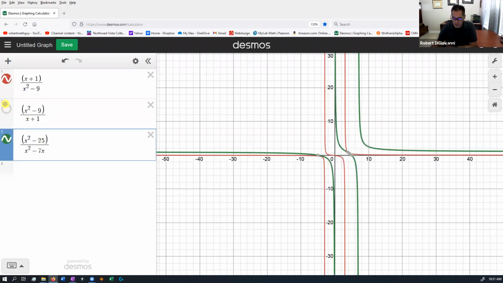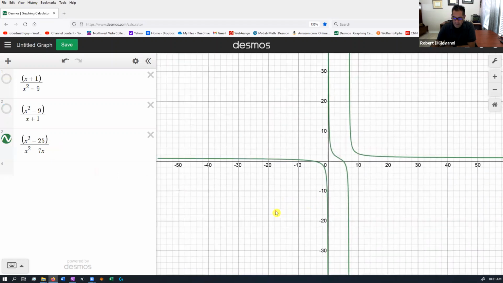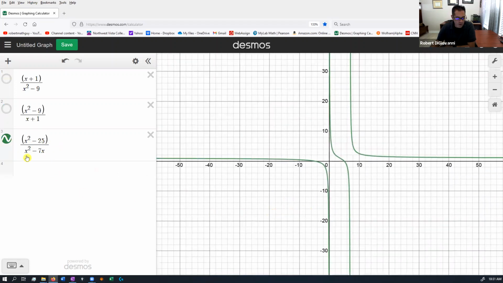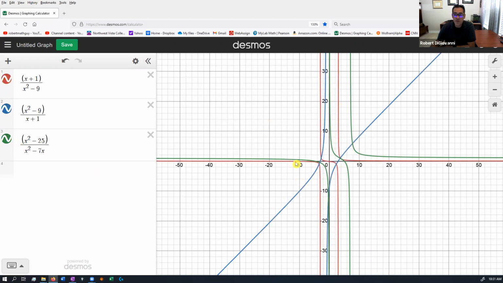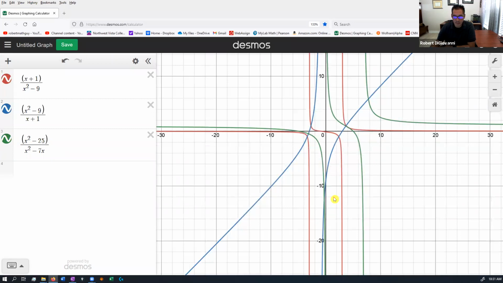Let me hide the other ones. So that green one is this one. So we have some work ahead of us here, right? If we're going to have any hope of graphing these sorts of things, we've got a lot to learn.